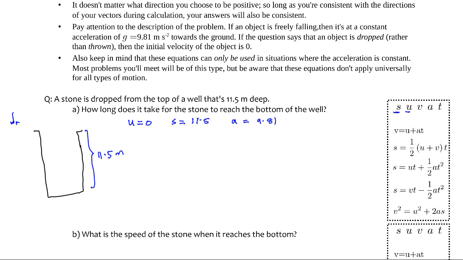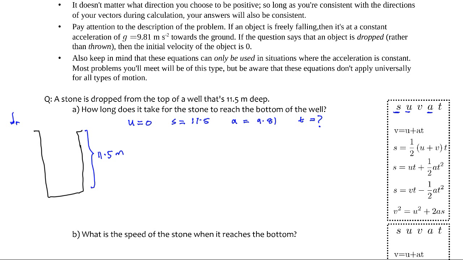So all of these values will be positive, and I won't have any negative values in this equation. So I know 3 quantities, and I'm interested in the 4th quantity: how long does it take? I know u, s and a, and t is the quantity I'm interested in. I want to know what t is.